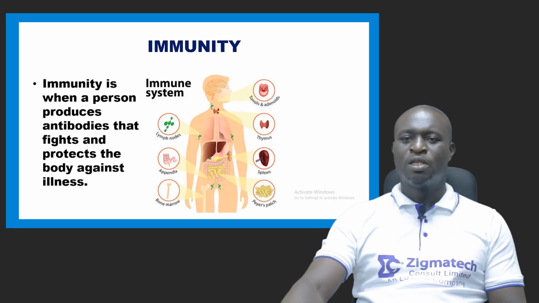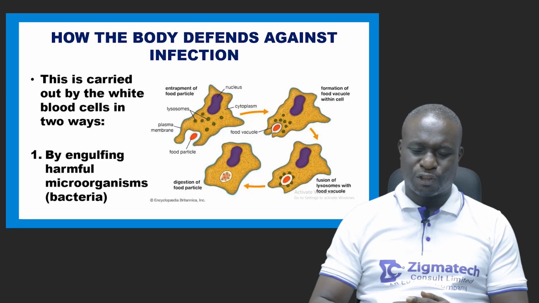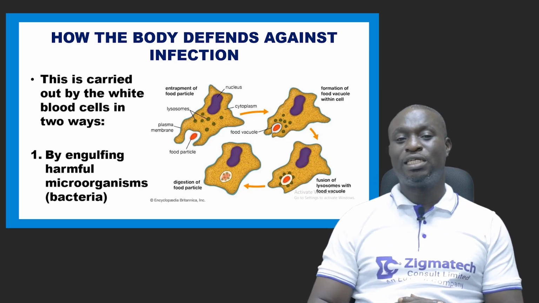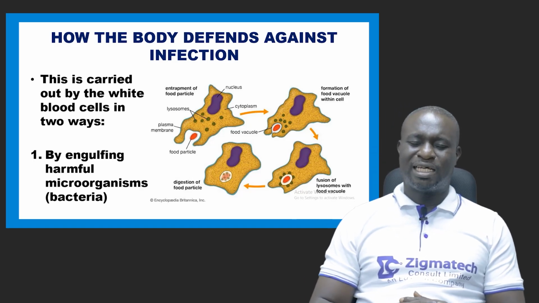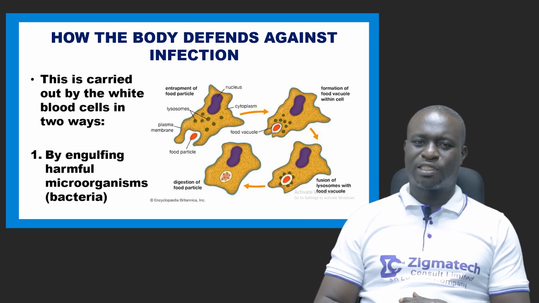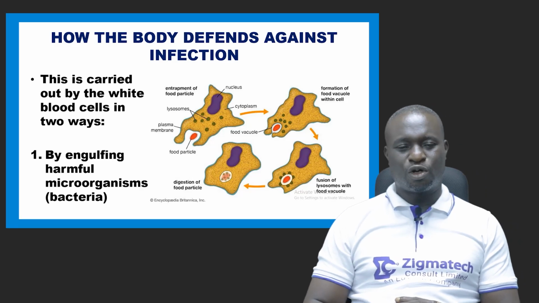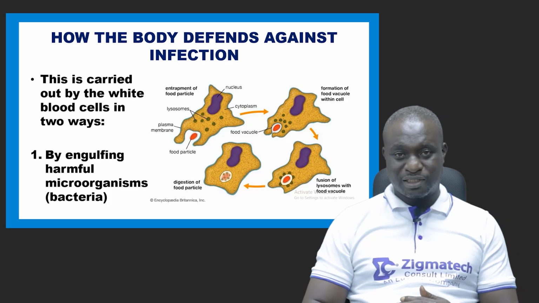Okay, immune. Now, how does the body defend against infection? There are two important ways we're going to see how the body defends against infection. The part of the cell that is responsible for defense is the white blood cells. The white blood cells are part of the blood cells, okay?